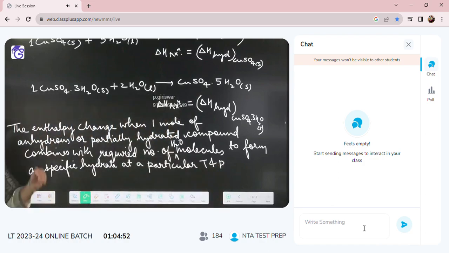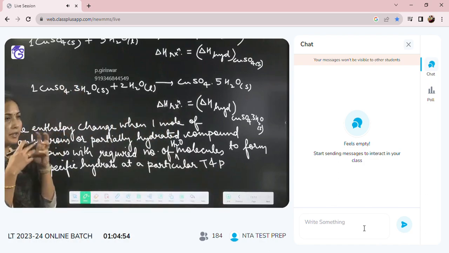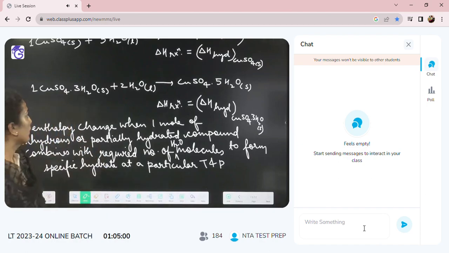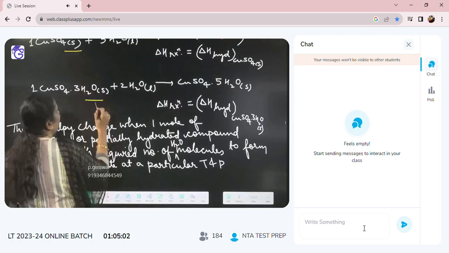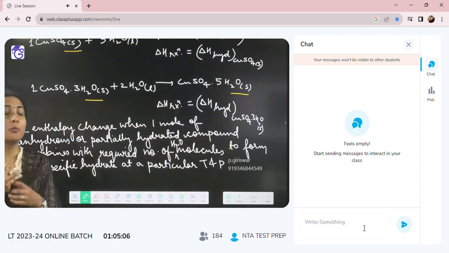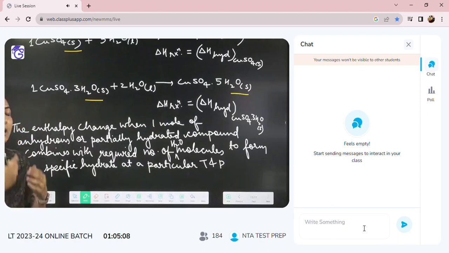Now the thing is, these water molecules are just getting trapped into the crystal lattice of the CuSO4 solid, right? So you should always remember it is solid only here. And when water is entering there, more force of attraction is increasing, and because of that, more energy will be liberated there, right?